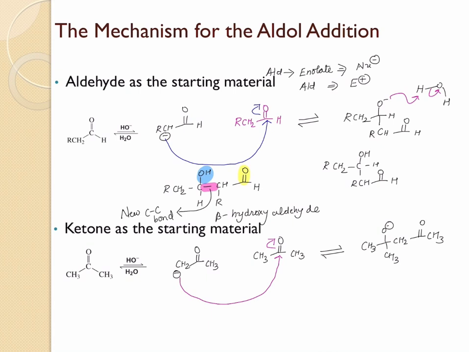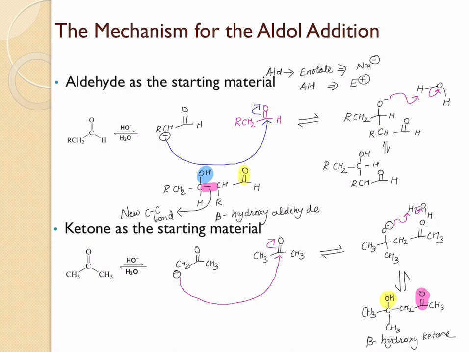And in the next step, this negatively charged oxygen is going to accept a hydrogen from the water molecule and get protonated. So this will abstract it to give us a final product, which is a beta hydroxy ketone. So this is the ketone functional group, and this one right here is the hydroxy group, and both of these groups are in beta position with respect to each other.